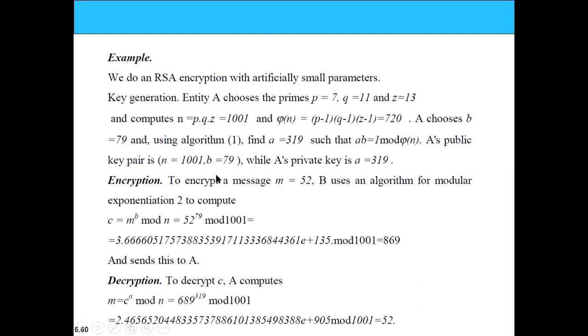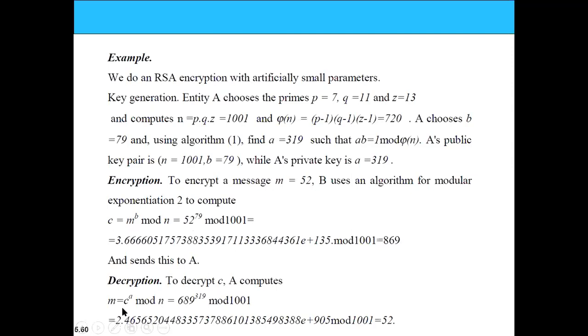Then the pair of key n and B is public, while A is your private key. To encrypt the message 52, B uses the algorithm for modular exponentiation to compute C equals m to the power b mod n, which is 869, and it is sent to A, the receiver. What will A compute?